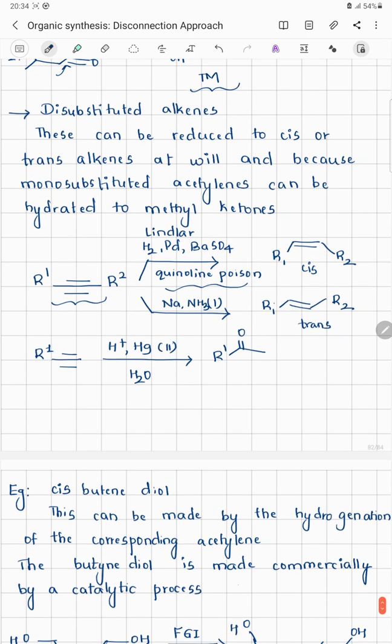If there is a substituted alkyne system in a protonic environment with mercury, in the presence of a hydrating agent like water, the alkyne can be converted to its respective carbonyl carbon. So the alkyne system can easily give me a cis alkene system and a trans alkene system. Also, the alkyne system is easily able to give me a carbonyl carbon under hydrolytic conditions.